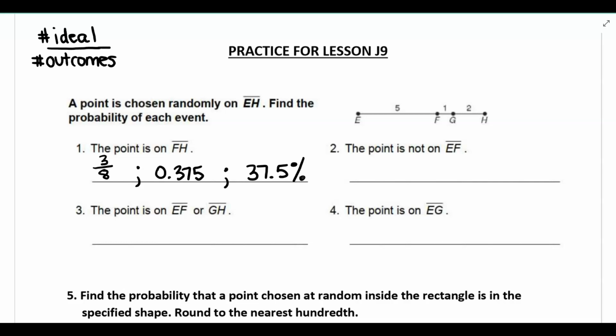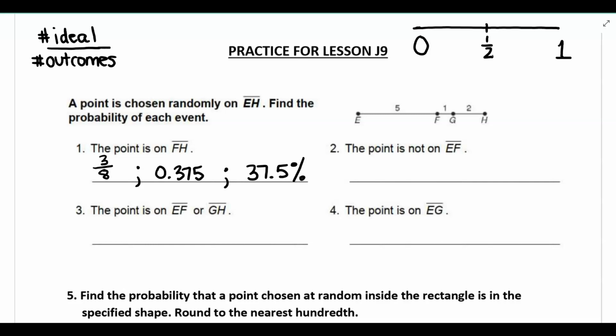When it comes to probability, as another side note, a probability of 0 means that it's impossible for something to happen, as opposed to a probability of 1, which means it's guaranteed for something to happen, right? A 1/2 probability means it has a 50-50 shot. There's a 50% chance of something happening.